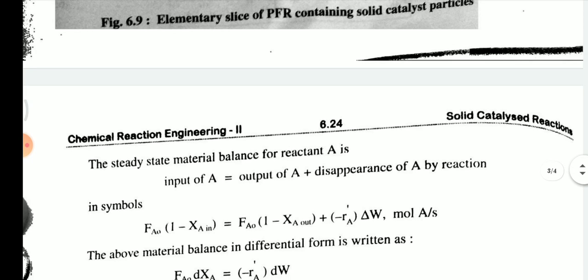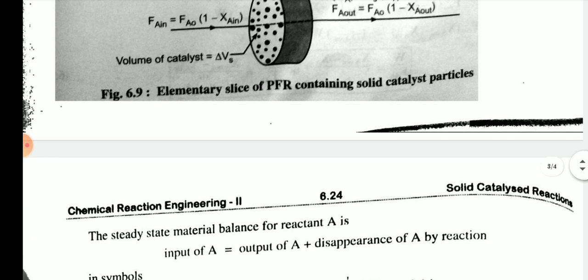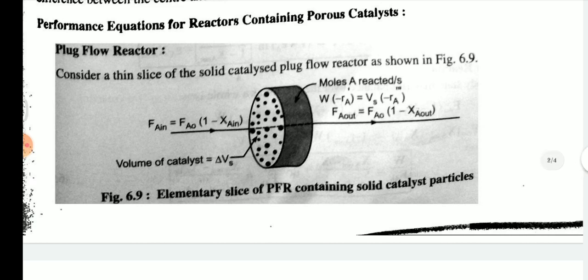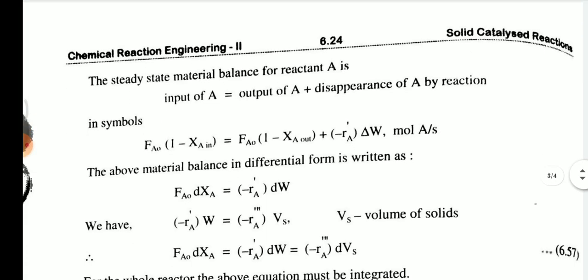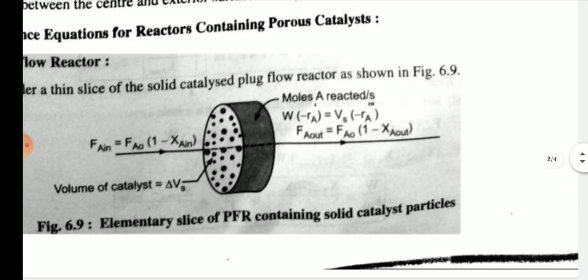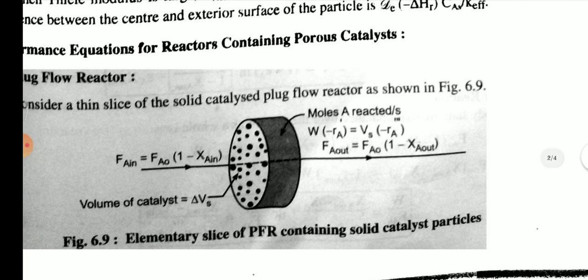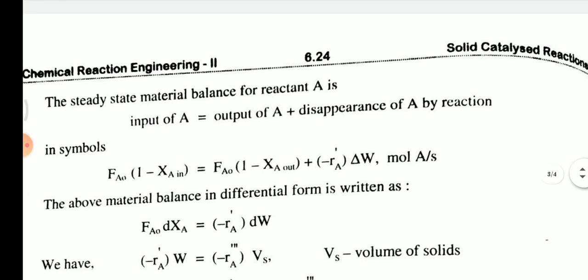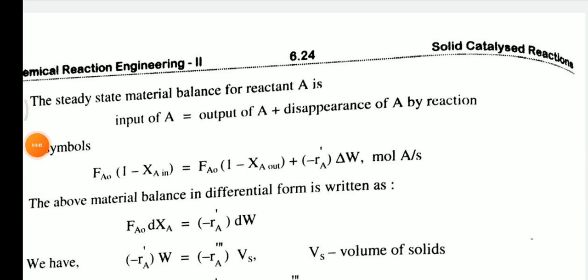So it will be minus RA dash into delta W from the reactions. So it will be Fa0 into 1 minus Xa in equal to Fa0 into 1 minus Xa out.